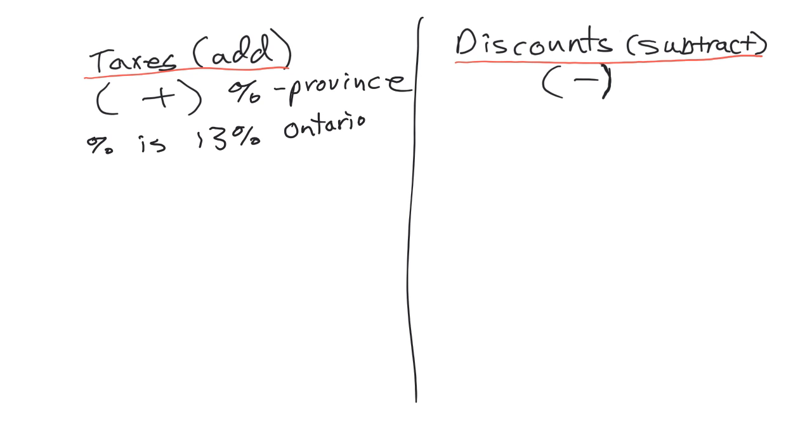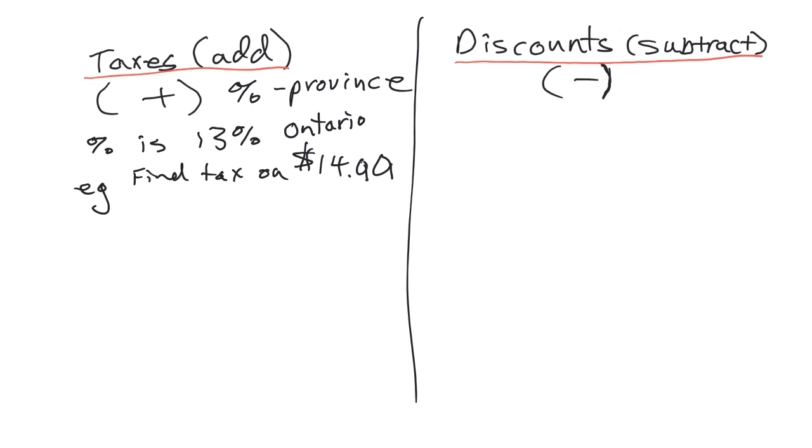So here is our example. Let's say find the tax on $14. Or let's make it $14.99.